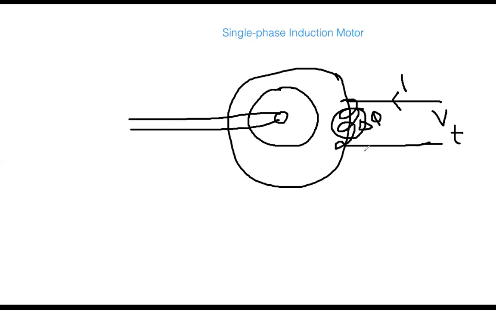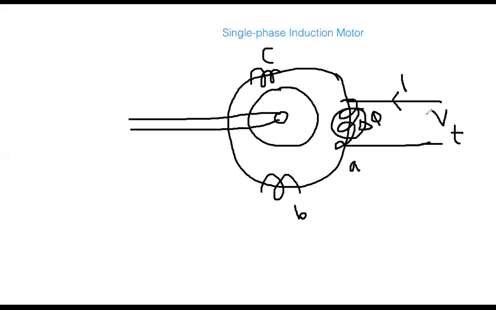is not a rotating flux. You remember when we discussed the three-phase induction motor, we had another coil here, and then another coil here, another set. This is, sorry, C phase, B phase, and this was A phase.